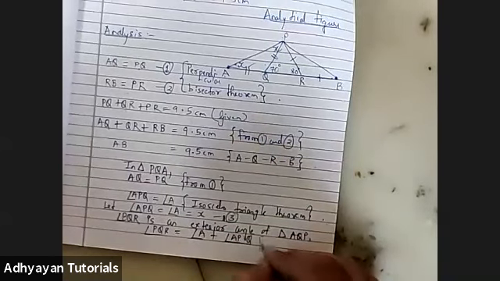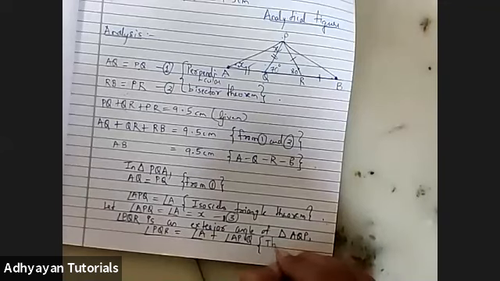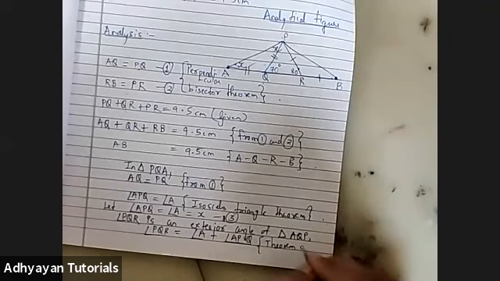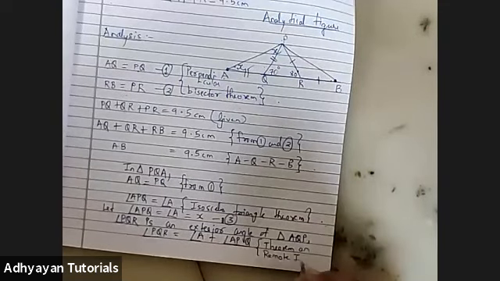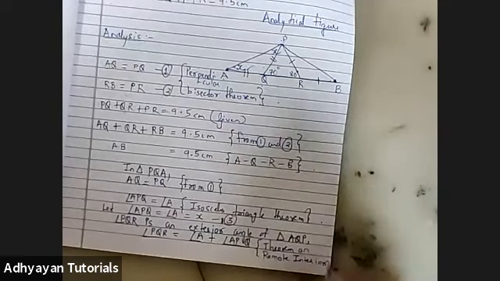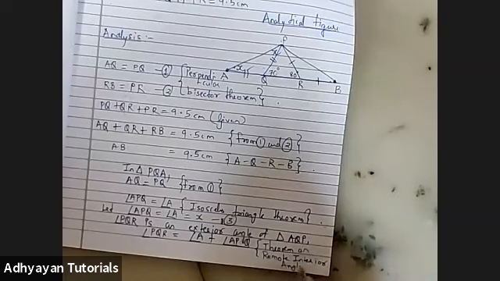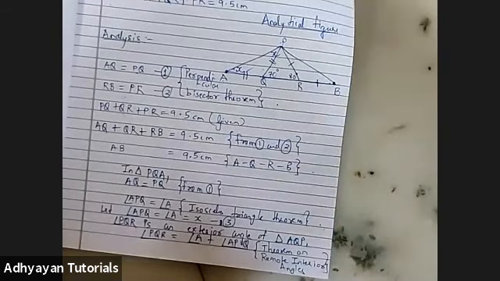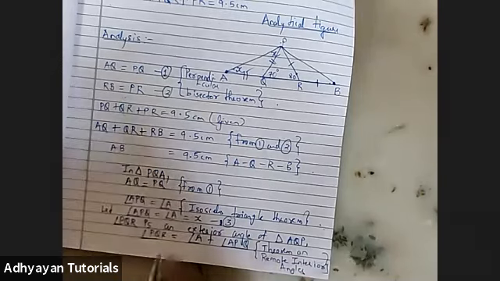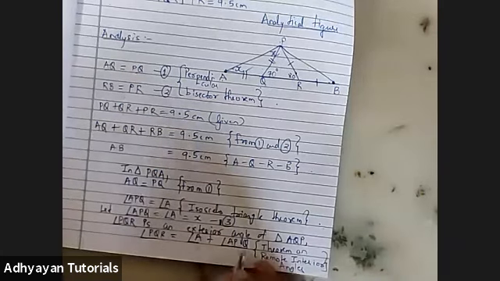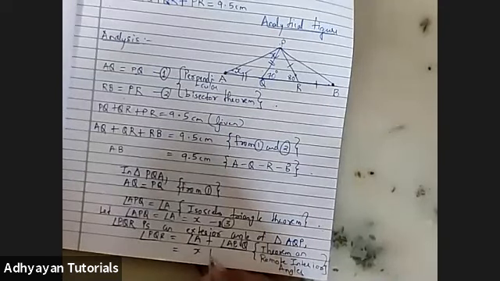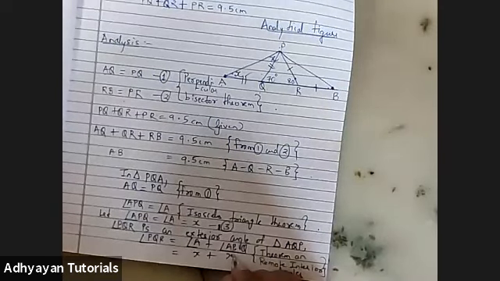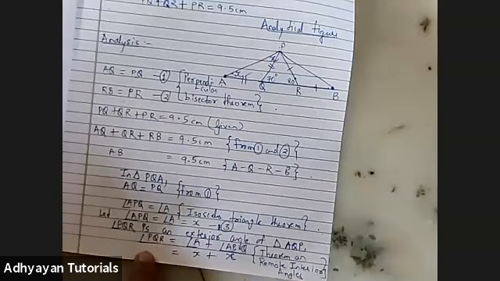The reason being the theorem on remote interior angles, right children? Now the value of A is X, and the value of APQ is also X. X plus X. What is the value of PQR?